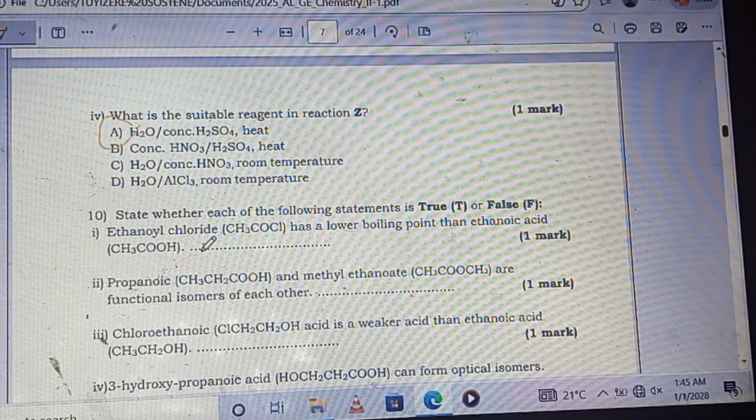The correct answer is true, because ethanoic acid has hydrogen bonding and a higher boiling point.